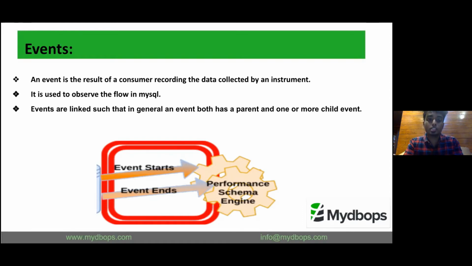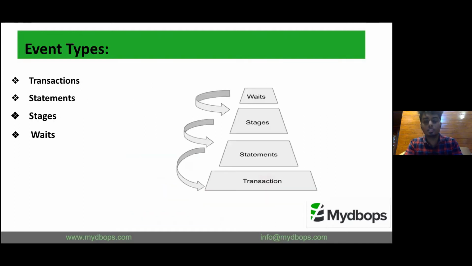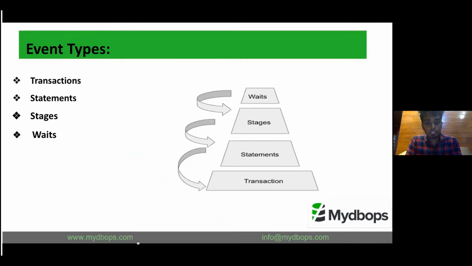Events are linked as parent and one or more children. Events can be seen as a set of coordinators where the flow of MySQL gets organized. These are some of the event types: transaction, statements, stages, and waits. We can see the events in detail in the upcoming slides.